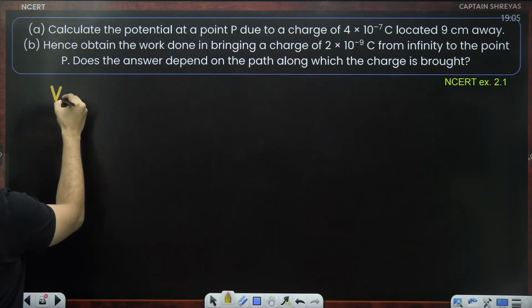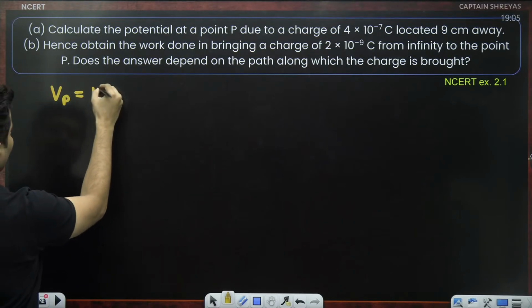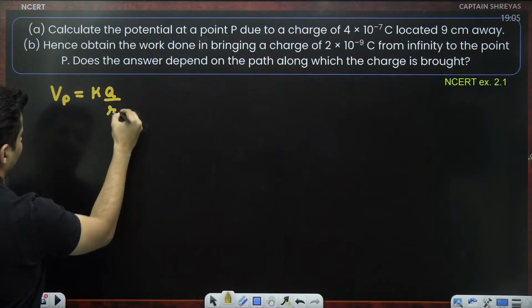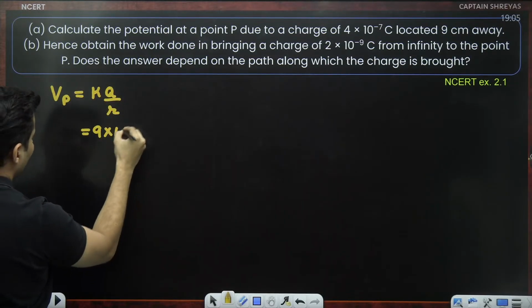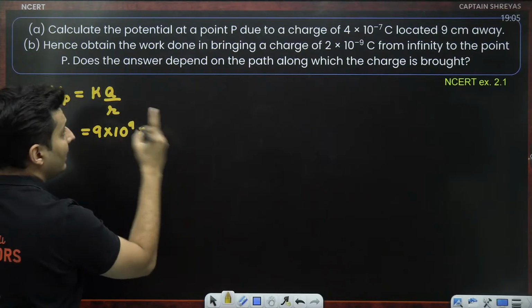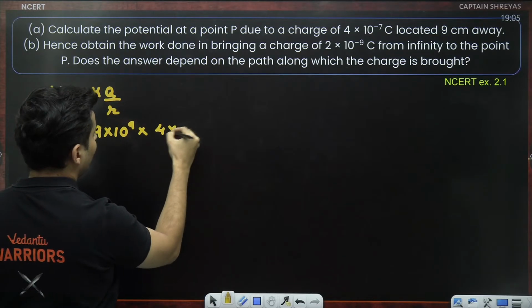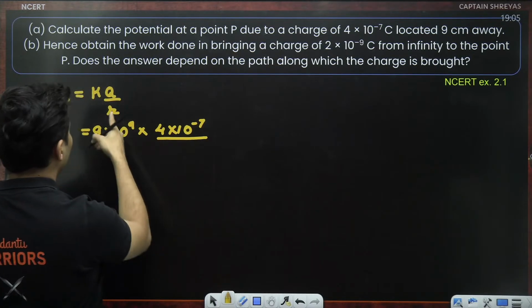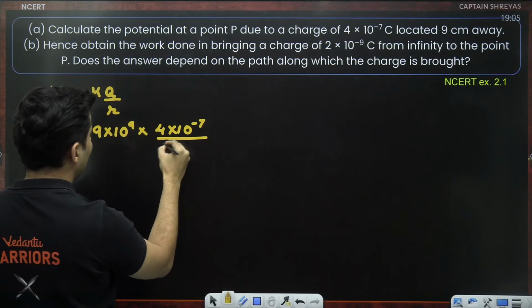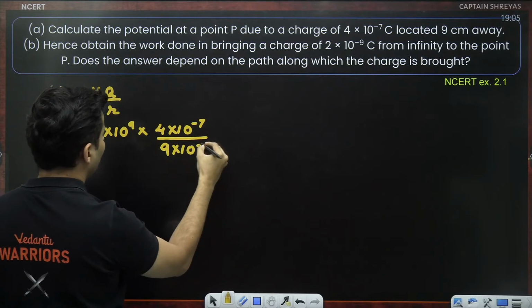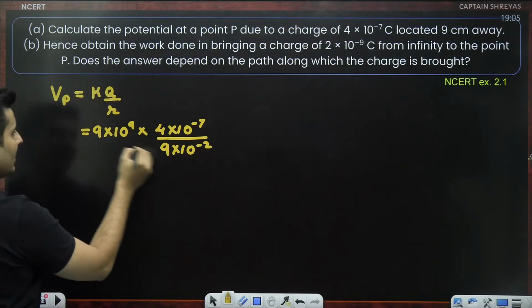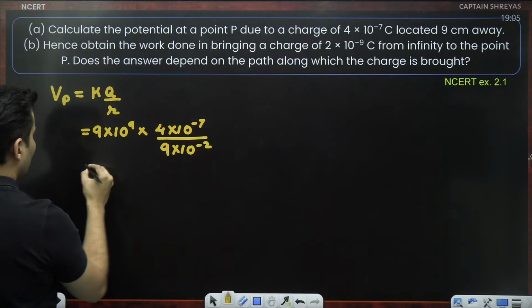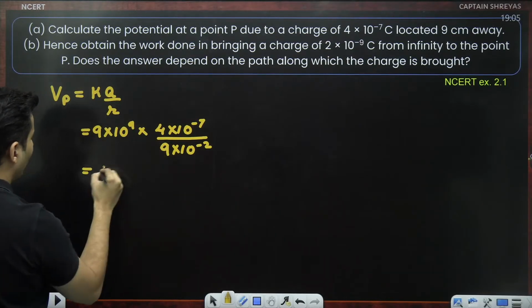Electric potential at a point P is given by KQ divided by R. Coulomb's constant is 9 into 10 to the power 9. The electrical charge is 4 into 10 to the power minus 7, and the distance R is 9 centimeters, so 9 into 10 to the power minus 2. This 9 and this 9 will cancel. 4 will remain.